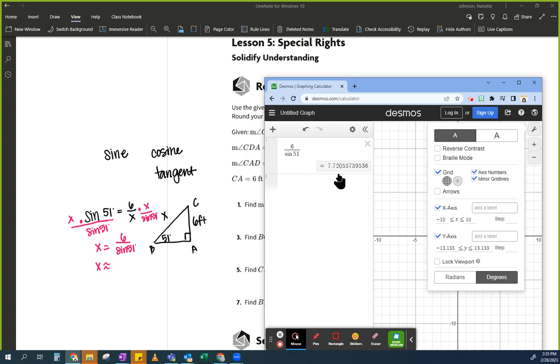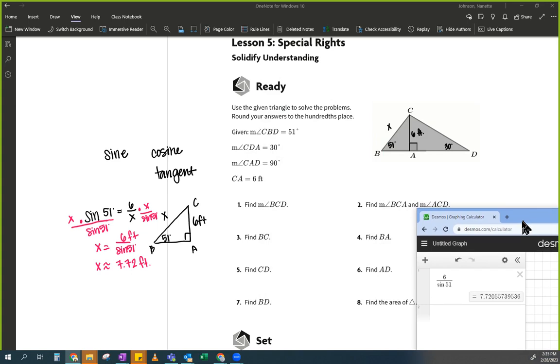And if you're wondering how I got the units of feet, remember 6 is 6 feet. If I take the sine of a number, it's just a number. It doesn't have any units attached to it, right? So 6 feet divided by a regular number means it's feet. So my answer is about 7.72 feet. Is that okay?